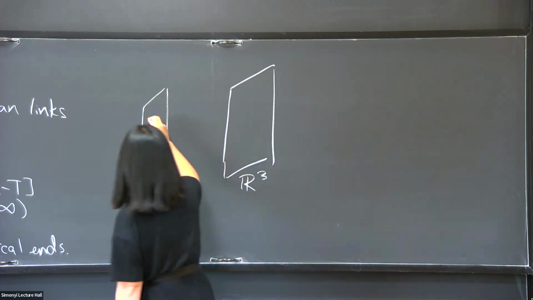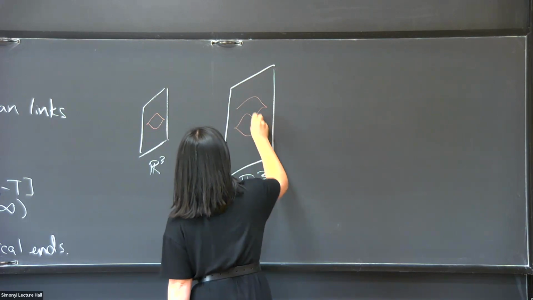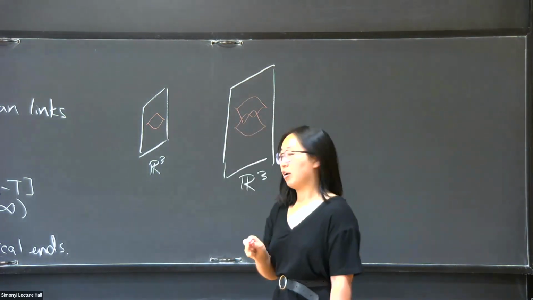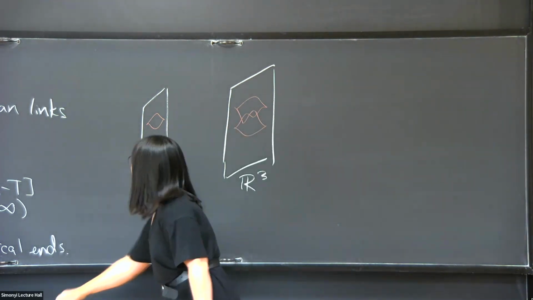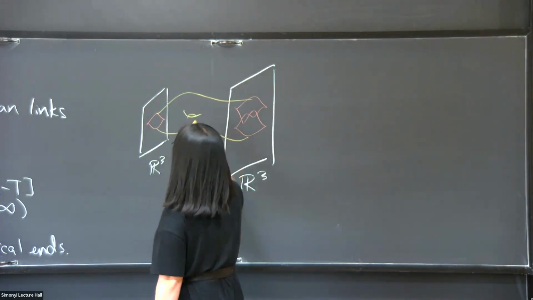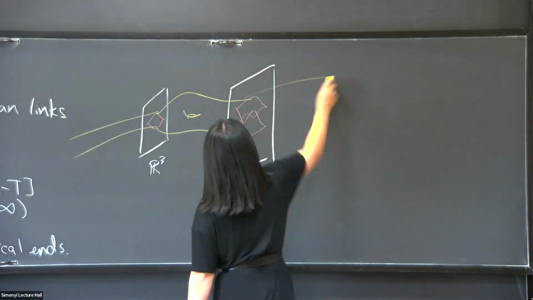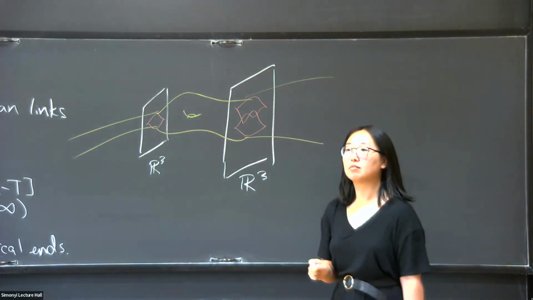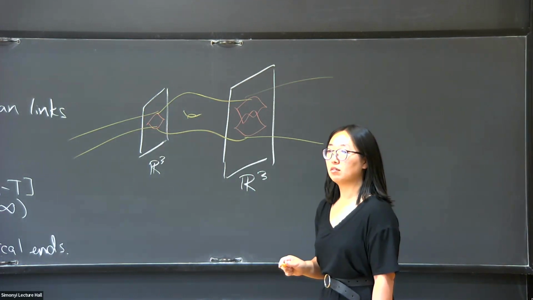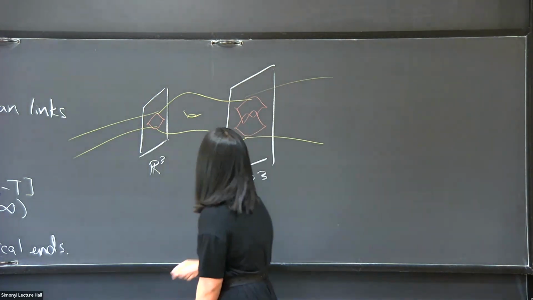I have some Legendrian knot living inside of these copies of R3, and then between them, I have my cobordism L, and then on the ends, I just have cylinders. And that middle part is compact, right? Yes. Sorry, I misheard you.